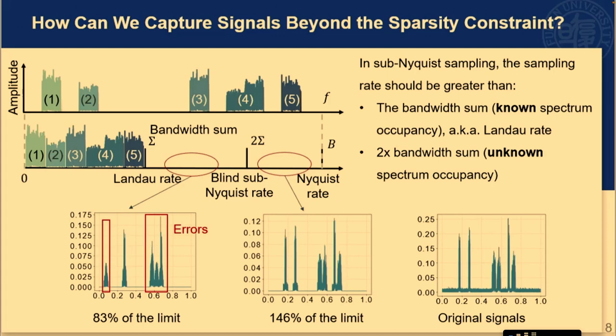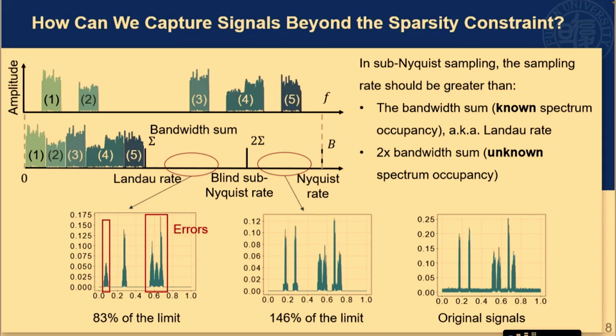Classical multiband signal sampling theory says that if we know where signals are in the spectrum, we need to sample at the lambda rate, which is the sum of all bandwidths. If we don't know, which is a more general case, or what we call the blind recovery case, we need twice that. Here we show what happens with the standard compressed sensing algorithm SOMP.